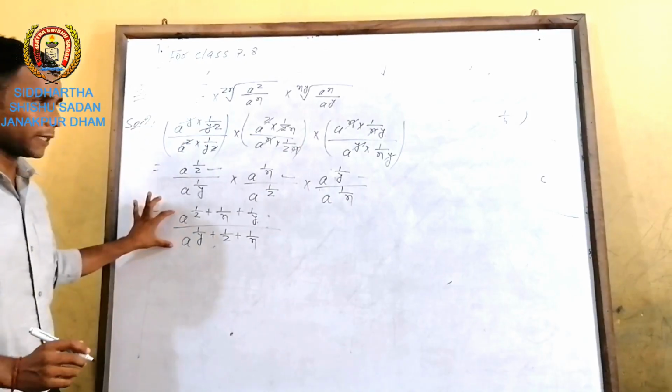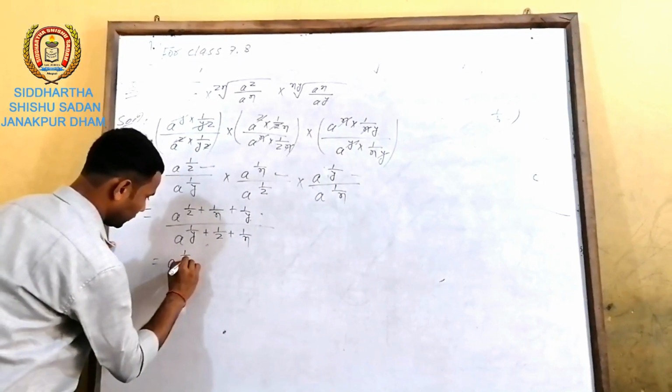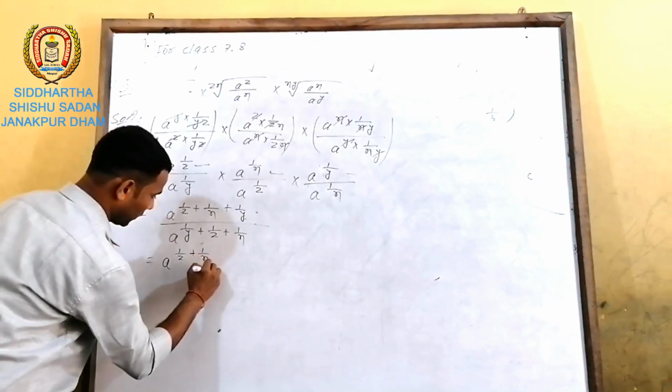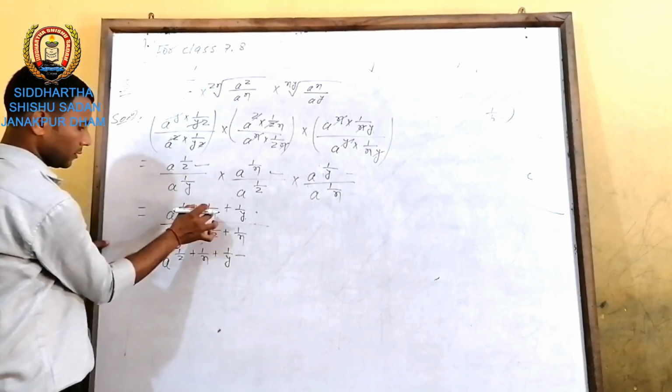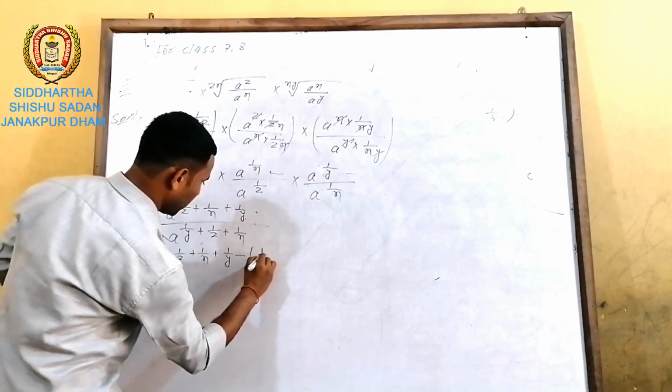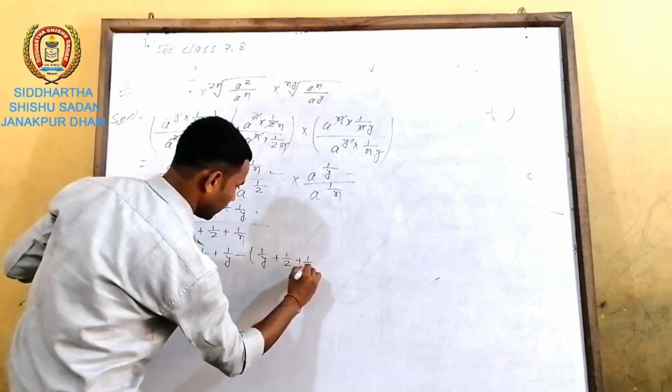Now use the quotient law. Then power is subtracted: a to the power (1 by z plus 1 by x plus 1 by y) minus (1 by y plus 1 by z plus 1 by x).